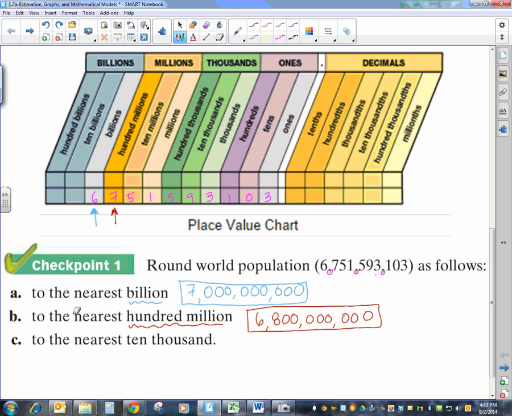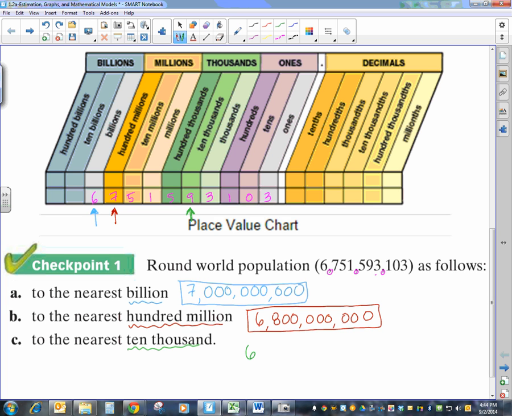Okay, and the last one says round to the nearest 10,000. So I'm going to go find that 10,000th place, which is right here. Okay, it's my 9. So that means everything before it is going to stay the same. I look one to the right. Is this 5 or greater? No, it's not. So I'm not going to change that number.